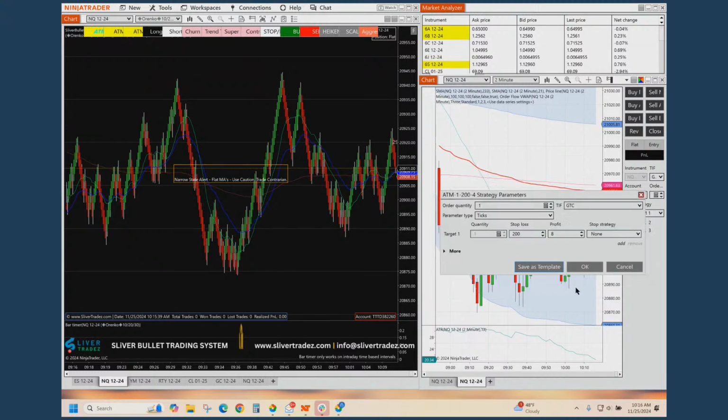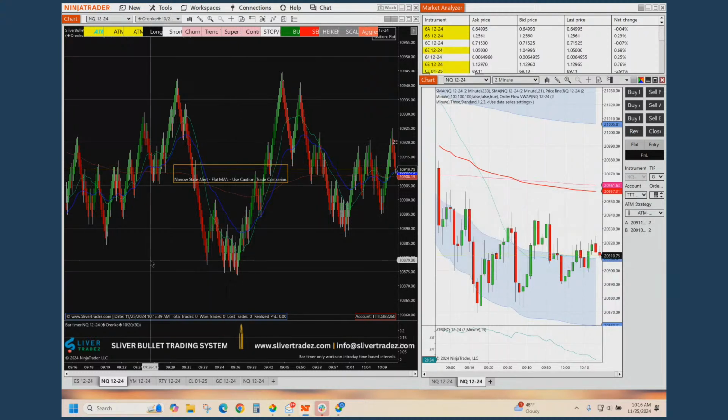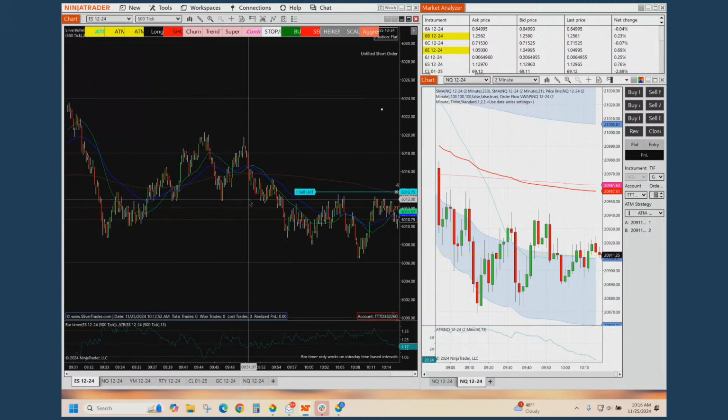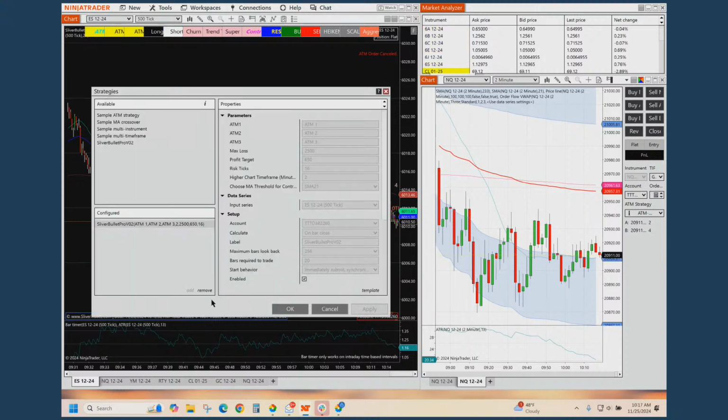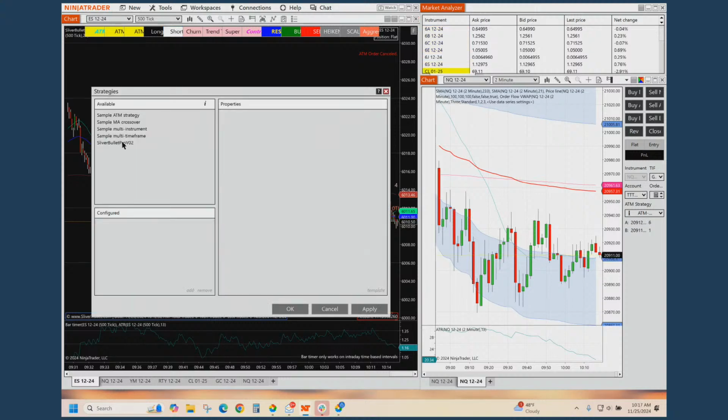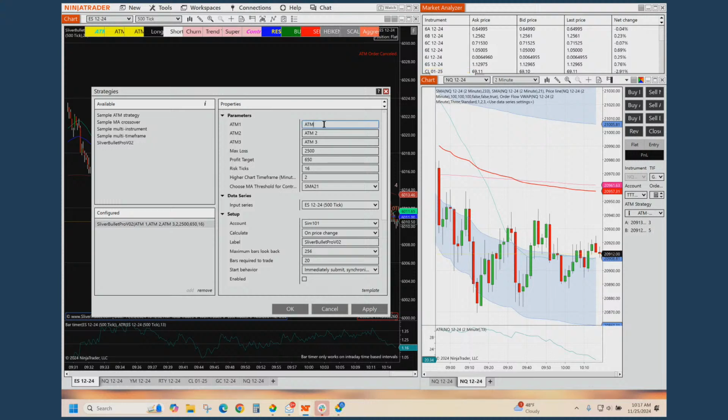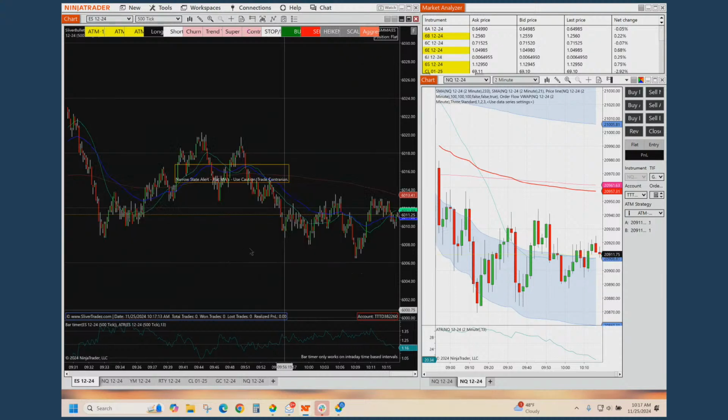204. And use that ATM here. I will stop this order and then I'll reload the strategy. 204 ticks of profit. Select the tick trader account, enable it.